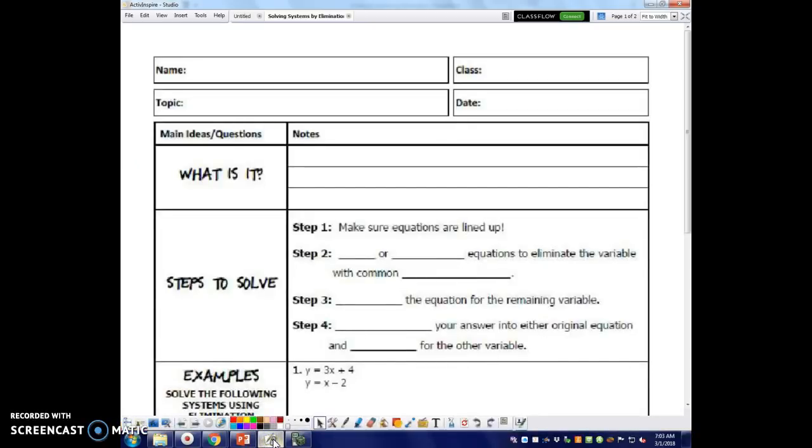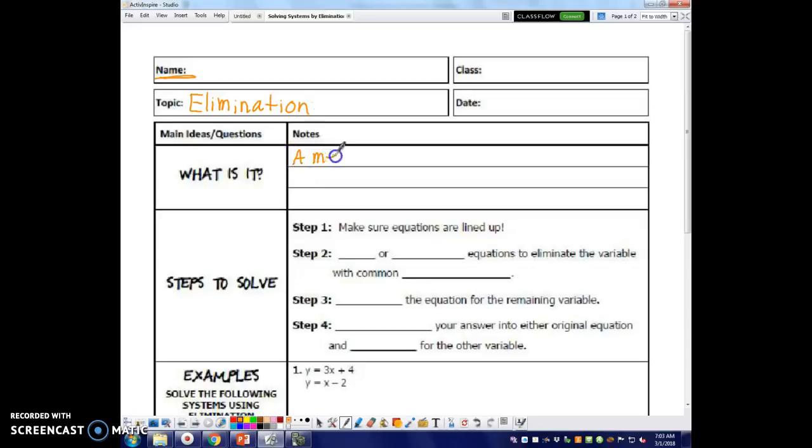So let's look at your worksheet today. Again, don't forget to put your name. The topic for today is elimination. Okay, elimination. What is it?